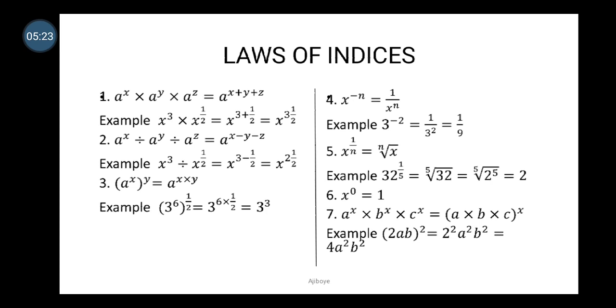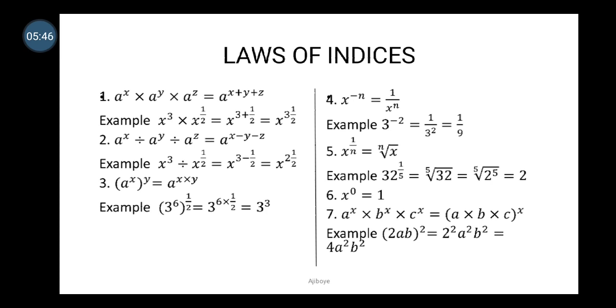Example, x raised to power 3 times x raised to power half. As you will notice, the two index numbers have the same base x. That is what will warrant us to add the powers, 3 plus half, and that will give us x raised to power 3 and a half.